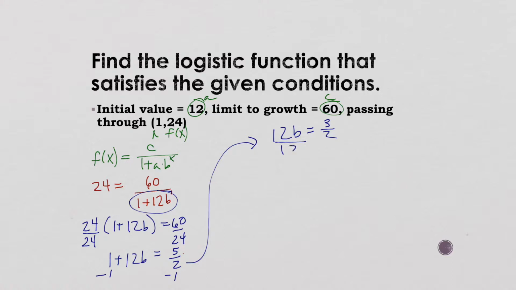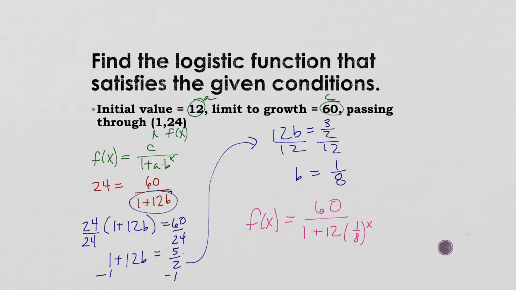Got to divide both sides by 12. And B equals 1/8. So my function becomes f of x equals 60 over 1 plus 12 times (1/8) to the x. All right.